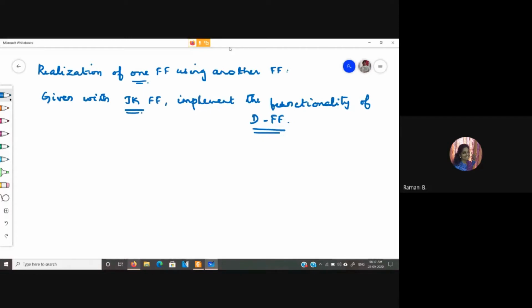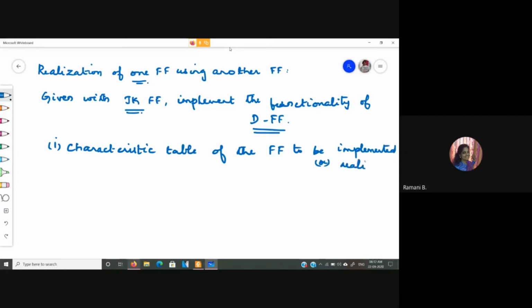So the first step is you write the characteristic table of the flip-flop to be implemented or realized. That is, here in this case, you should write the characteristic table of D flip-flop.